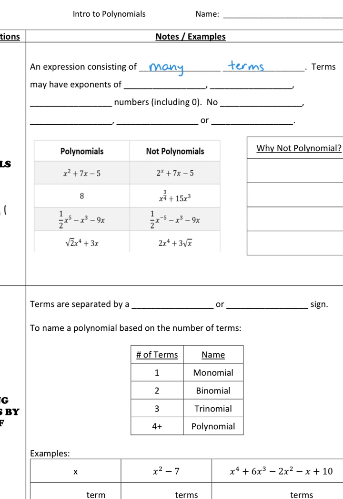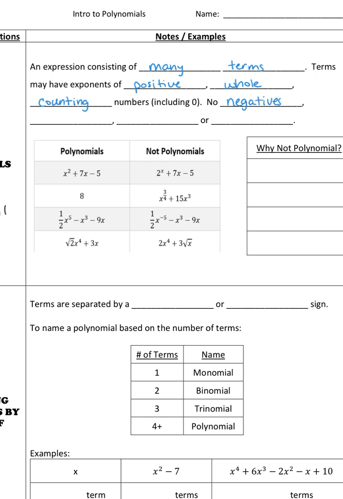The terms may have exponents of positive whole counting numbers. So you can have an exponent of 0. You cannot have negatives.